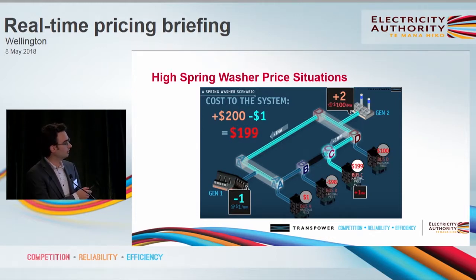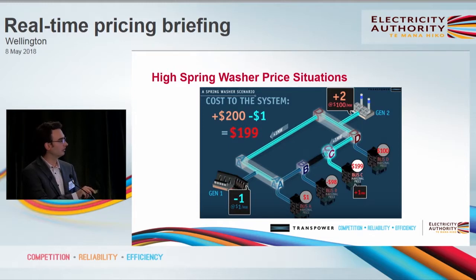The constraint is binding, as is indicated by the dark section here, and as a result of SPD coming up with its least cost total system solution, it's looking at what would it cost to provide the next megawatt at bus B and bus C, and in doing that calculation, it's assigning the change in the total system cost.